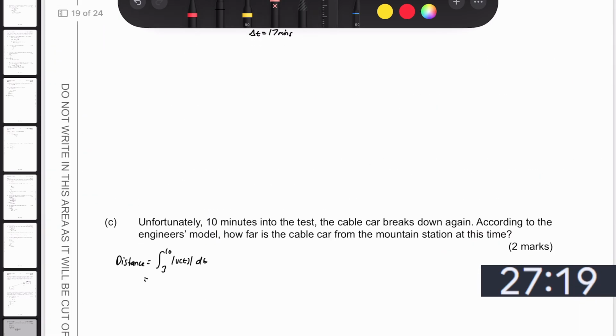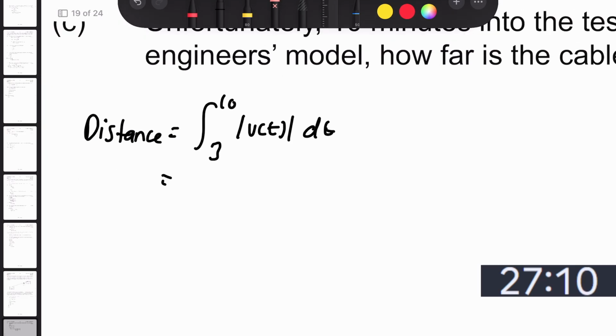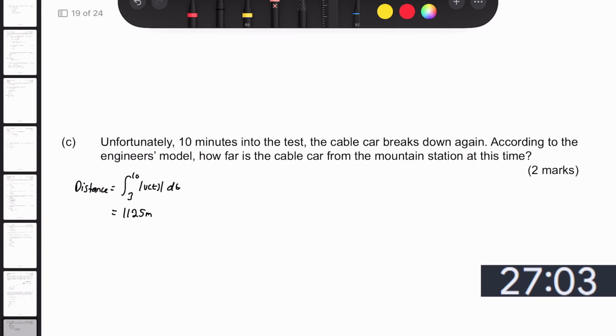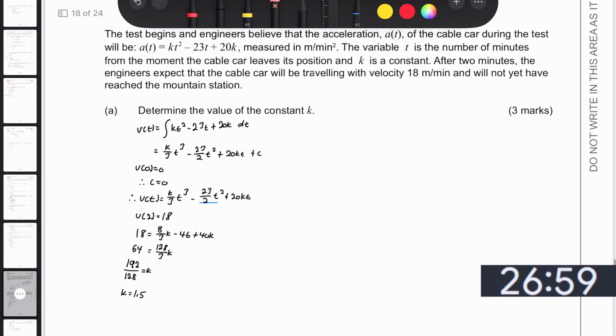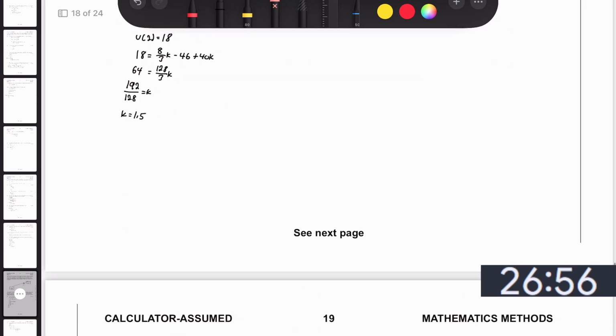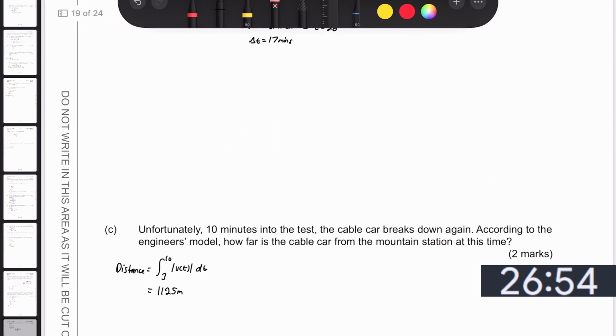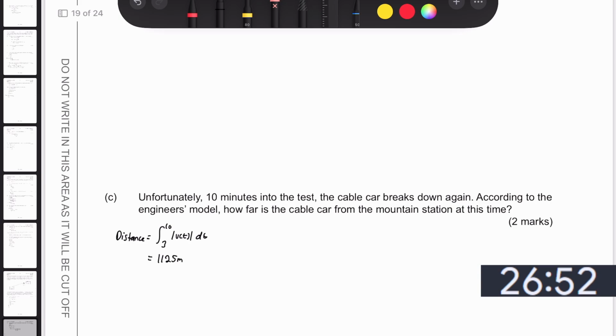So then we got from 3 to 10, absolute value, copy and paste from here. dx is going to give me 1125 meters. How far did the cable car come from the mountain station at this time? Because it would have traveled that far in the 7 minutes. So I think this is correct.